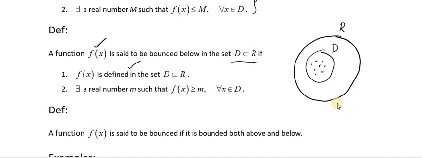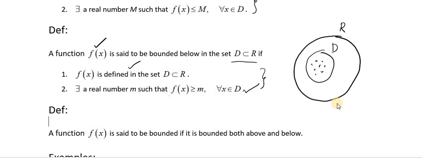This is the first condition. Second condition is, if you find the value of f at these real numbers, it must be greater than or equal to m. This is the second condition. Whenever these two conditions are true, then we say that f of x is bounded below.